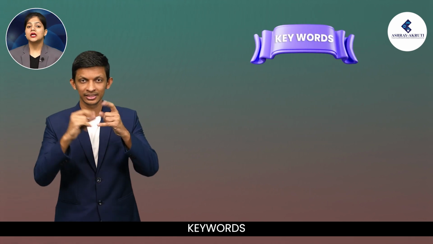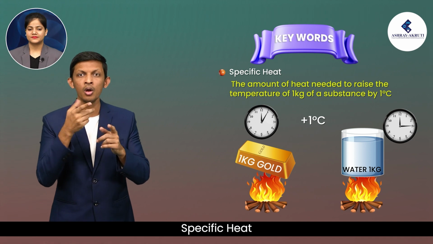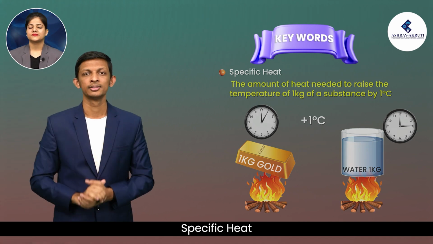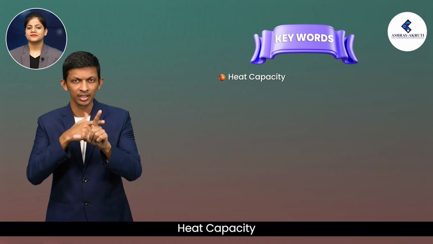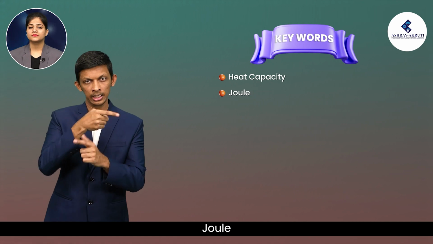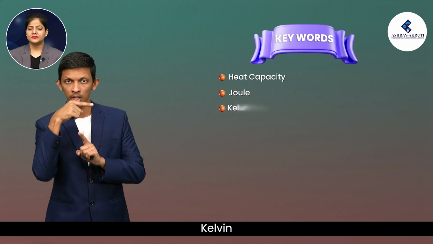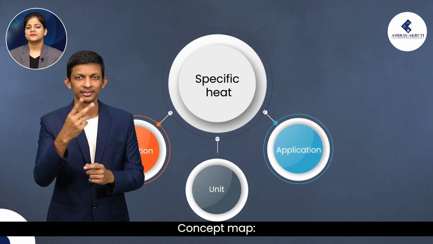Keywords: specific heat, heat capacity, joule, Kelvin. Concept map.